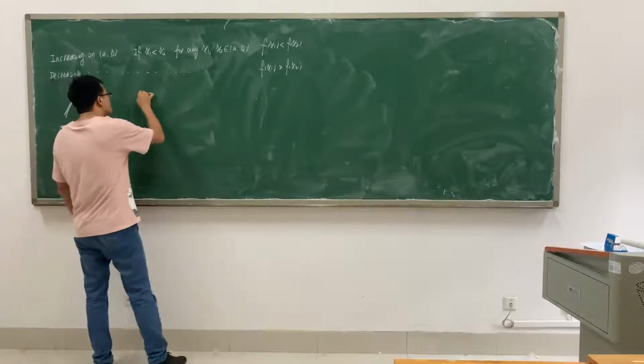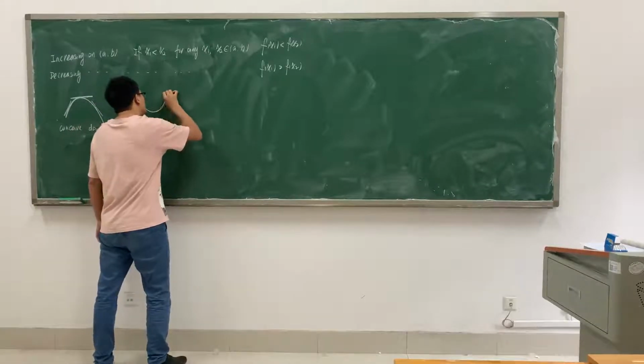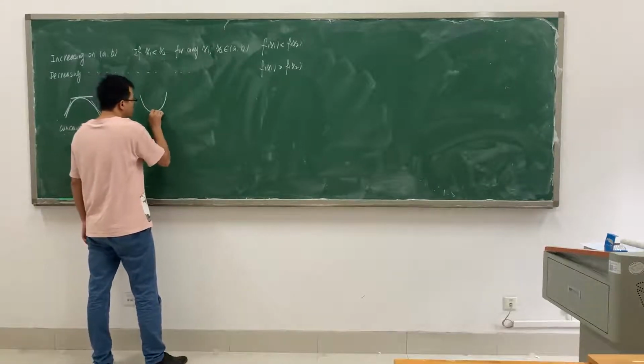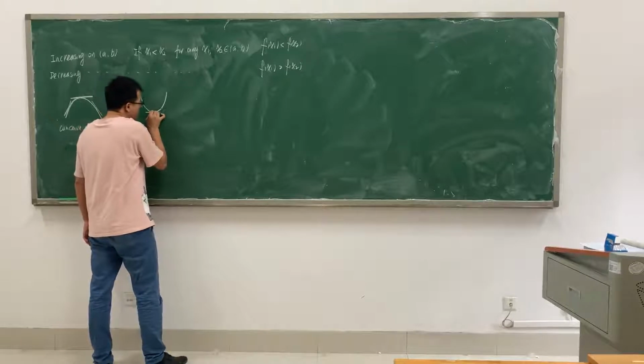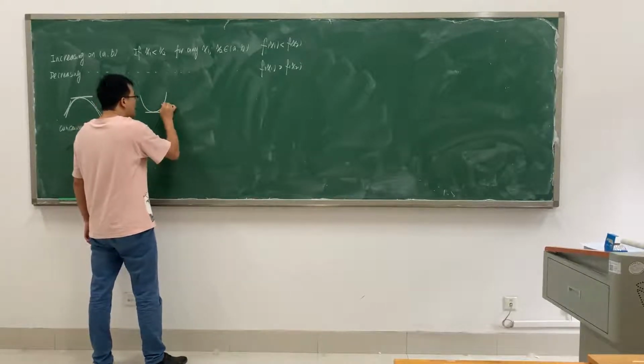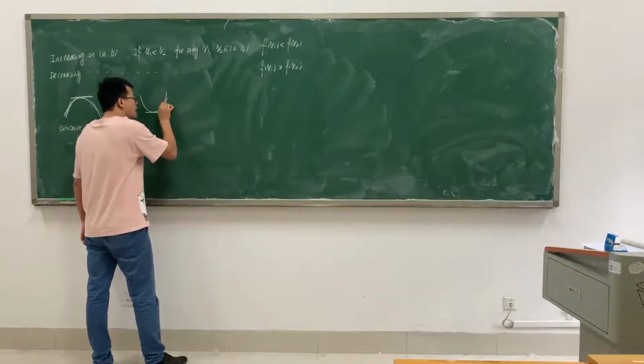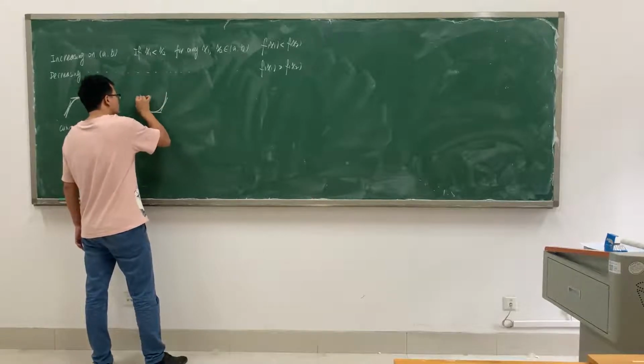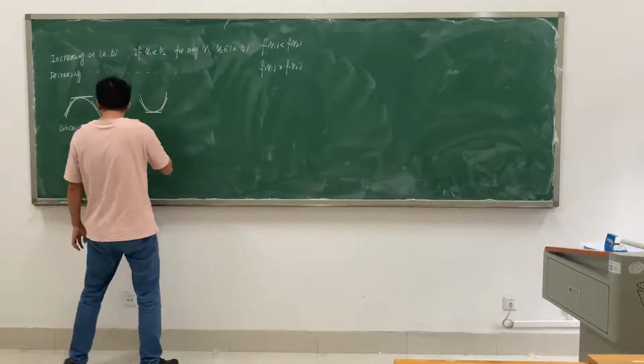And for a graph like this, we can see the graph lies above the tangent line. So for this case, we call it concave up.